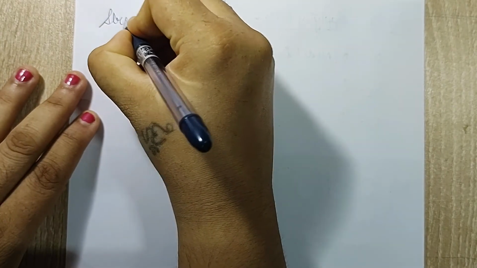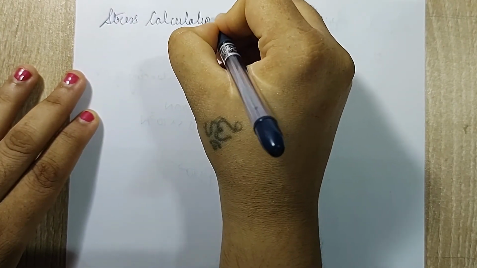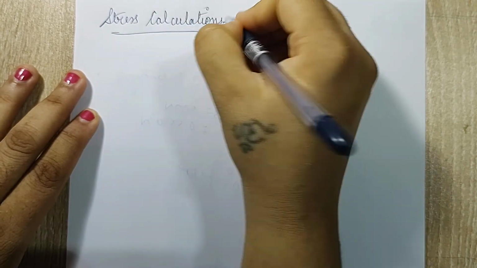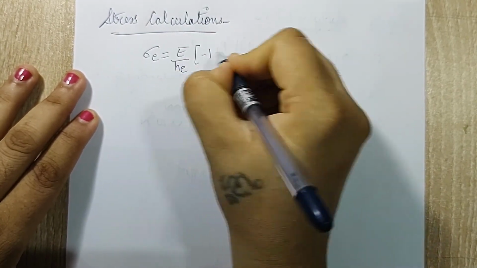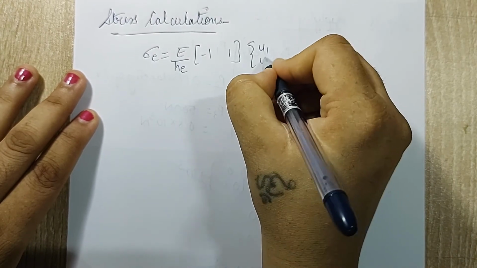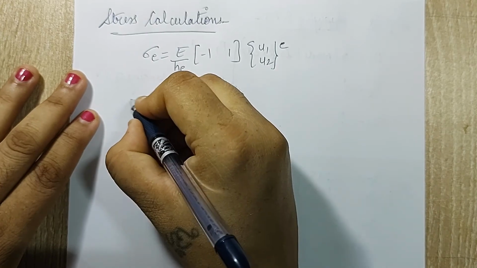Last I'll go for the stress calculations. I'll give you the formula, that is sigma E is equal to E upon HE [-1 1] [U1 U2] raised to E. Now by now you know how to calculate, so I'm just giving you the answer.